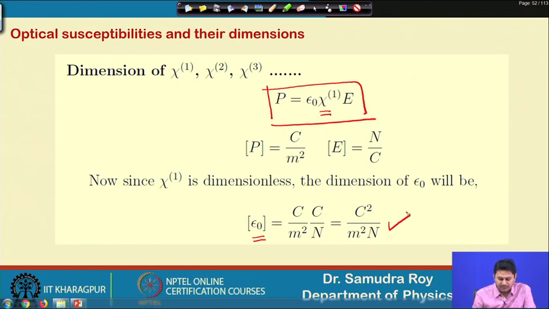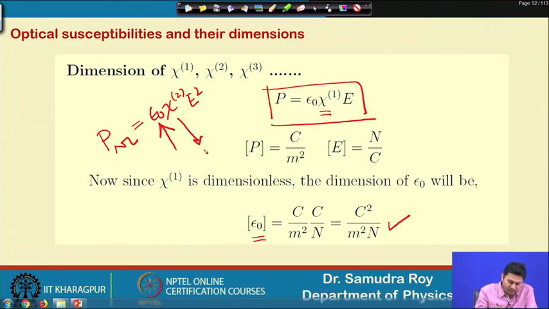Why is the dimension of epsilon 0 important? Because whenever we try to find out, for example, the nonlinear second order susceptibility, then P nonlinear is epsilon 0, then chi 2 and then E square. So, epsilon 0 is common in both cases. So, epsilon 0 dimension is important. I try to find out the dimension of this quantity. Once we know the dimension of epsilon 0, and the E and P dimensions are already written here, then I can readily find out the dimension of chi 2.